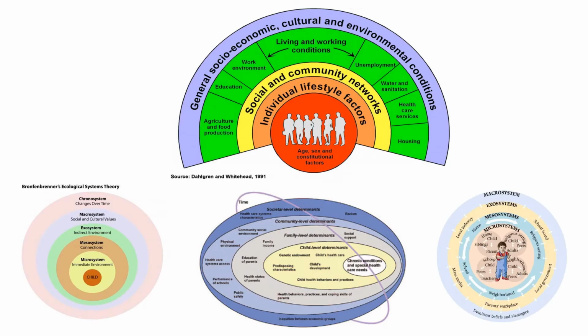There are many different ways of illustrating how factors or health determinants interact to create either health or disease. The Dahlgren-Whitehead model is probably the most often recognised and quoted in public health or health promotion. In the centre of the diagram is the individual, surrounded by lifestyle factors in orange, then social and community networks in yellow, again surrounded by socio-economic, cultural and environmental factors in green and lilac.